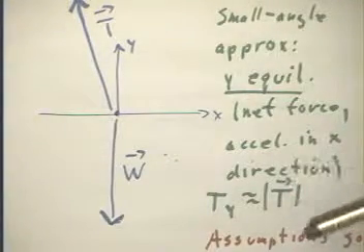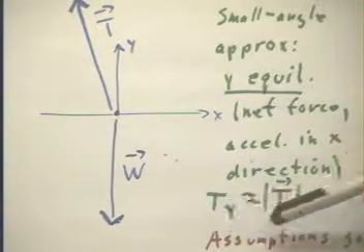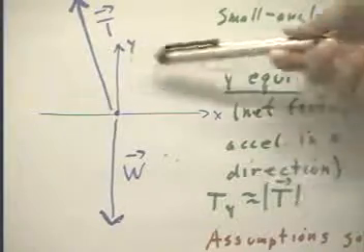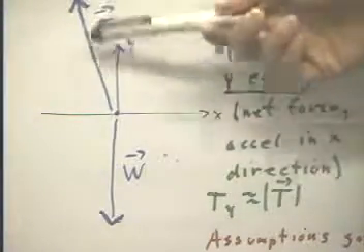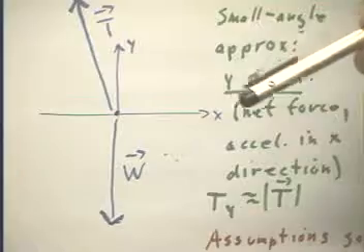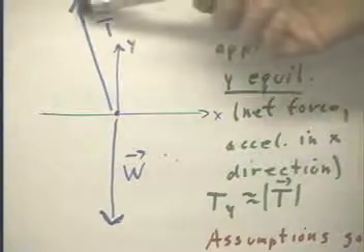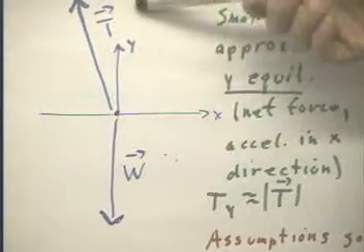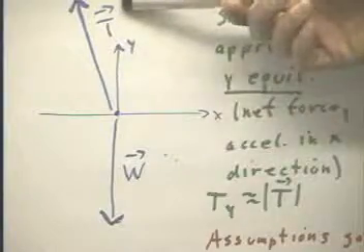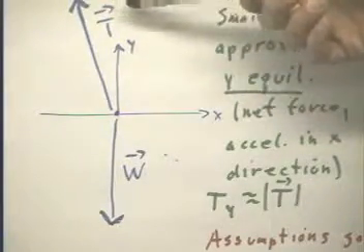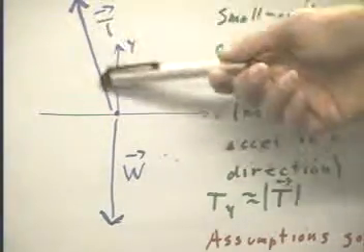Now if that approximation holds, the y component of the tension is equal to the magnitude of the tension. So we have the tension here, and it has a y component that's approximately equal to the magnitude. There's not much difference between the y component that we get by projecting straight over to the y-axis, and the tension.